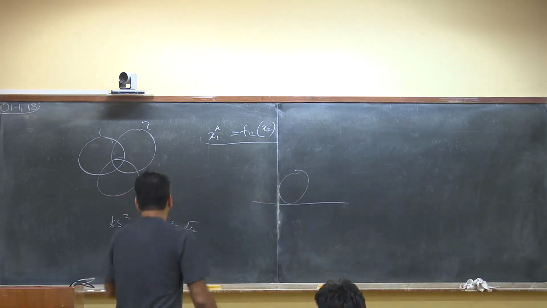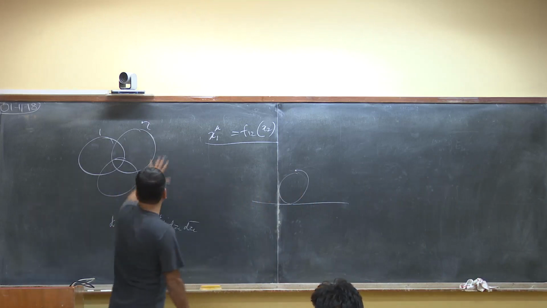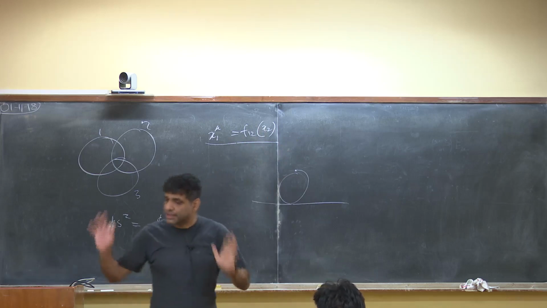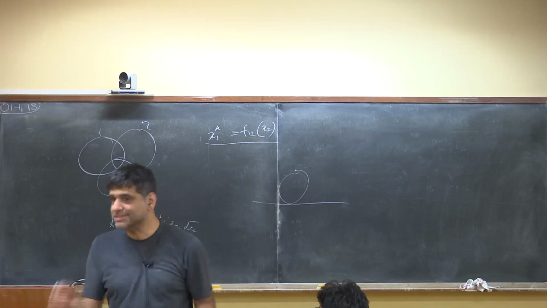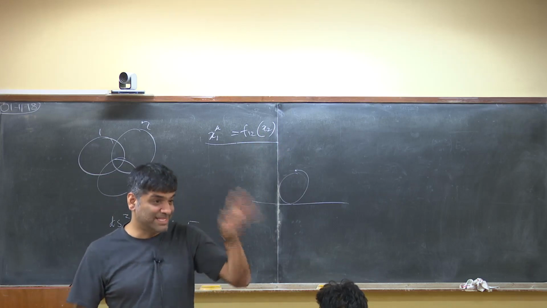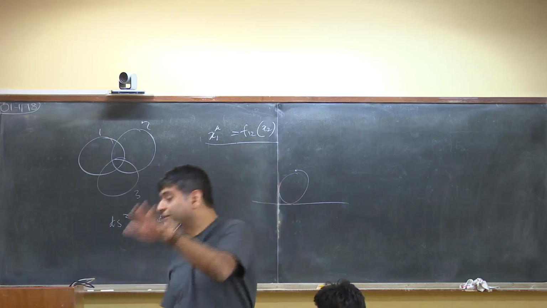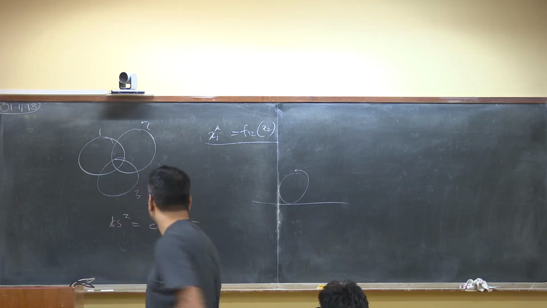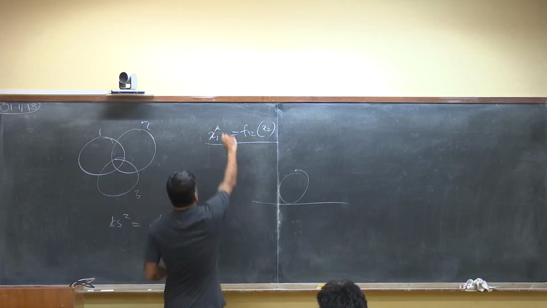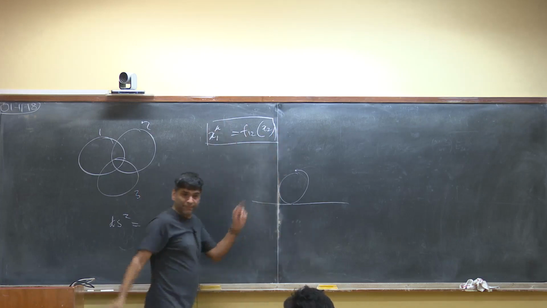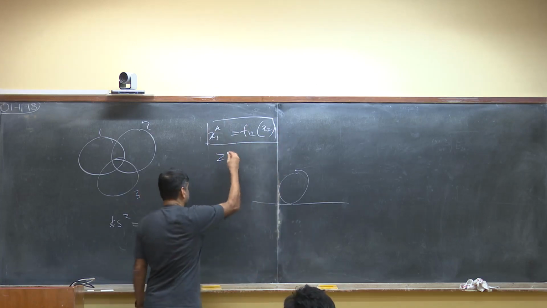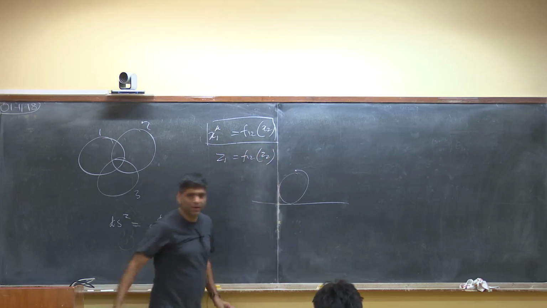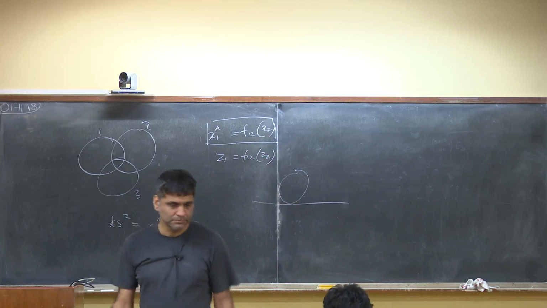While defining a manifold in general, you allow arbitrary functions from one to the other, in our current context we will only allow the z1's to be holomorphic functions of the z2's. In the particular case, we'll have z1 equals f_12 of z2, and this is going to be holomorphic.